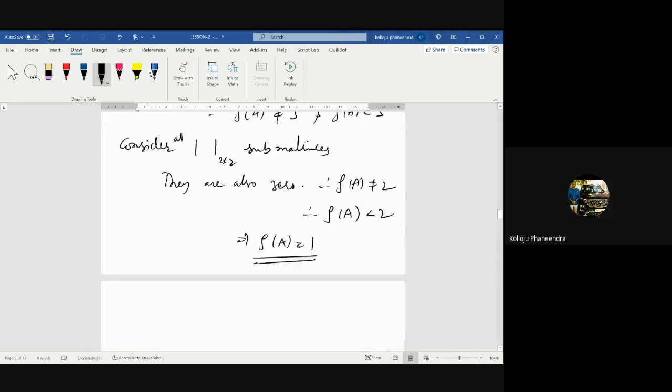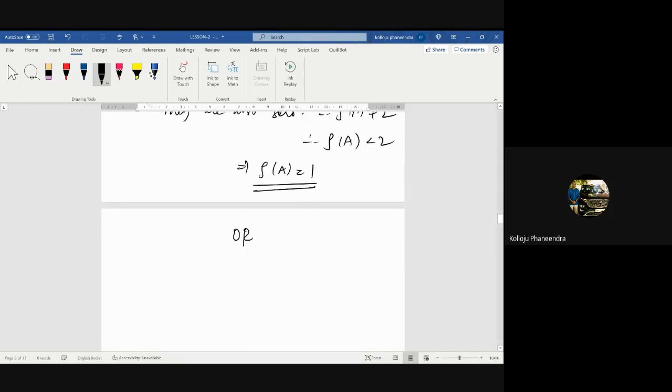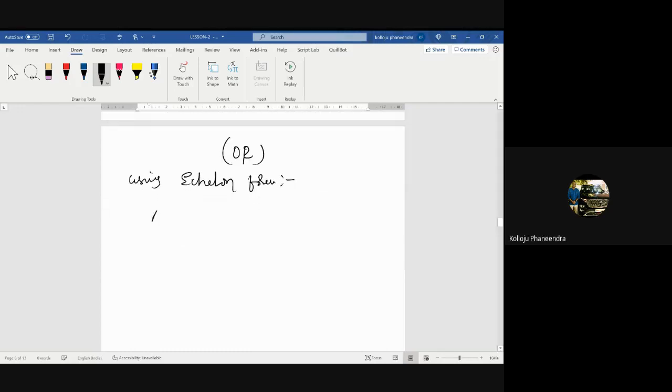Now this is one procedure, as per the definition. Now, using echelon form. Let me write matrix A. A equals 1, 3, 4, 3. 3, 9, 12, 3. 1, 3, 4, 1.